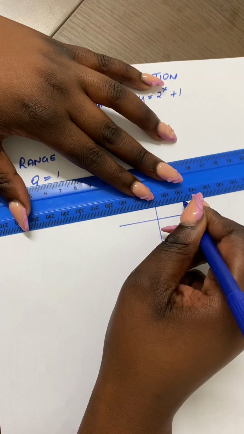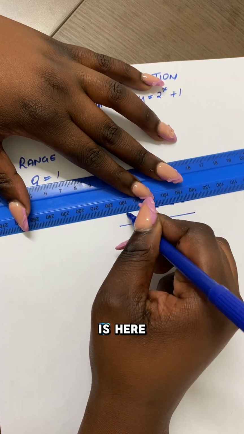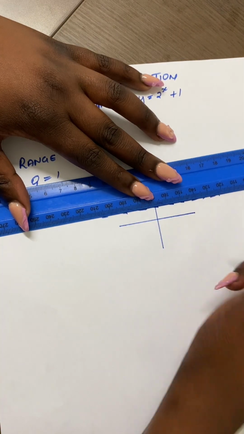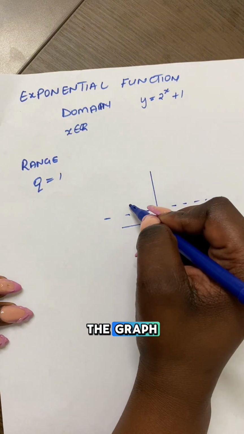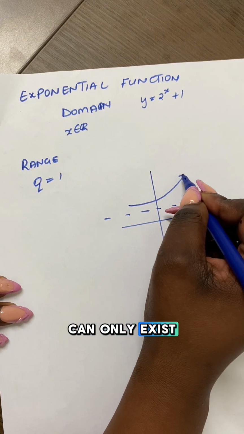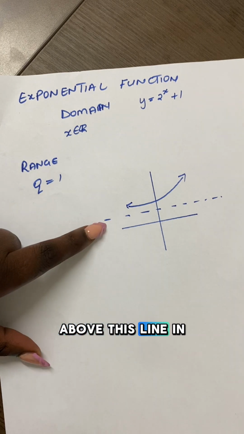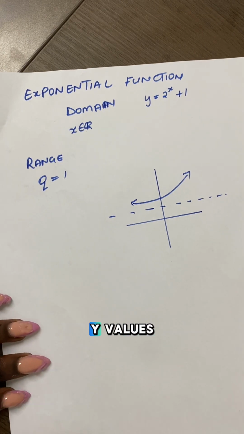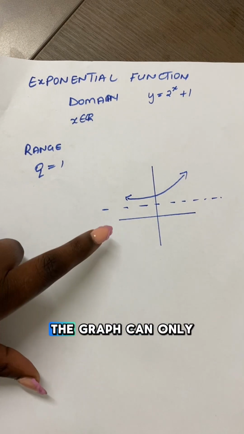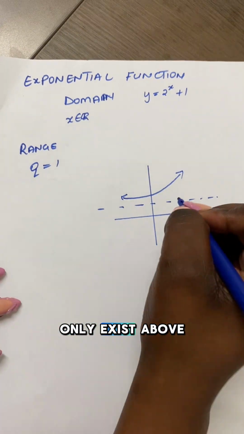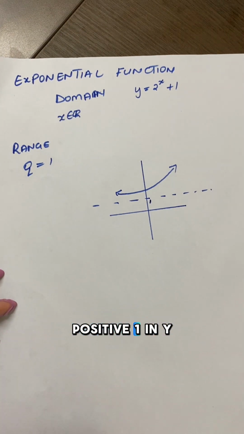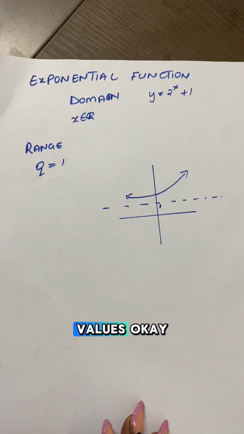Let's say the asymptote is here. That means that the graph can only exist above this line in y values. The graph can only exist above positive 1 in y values.